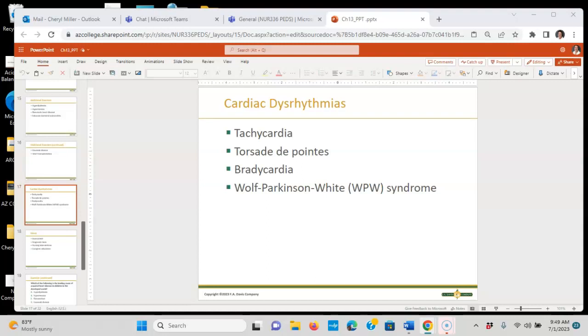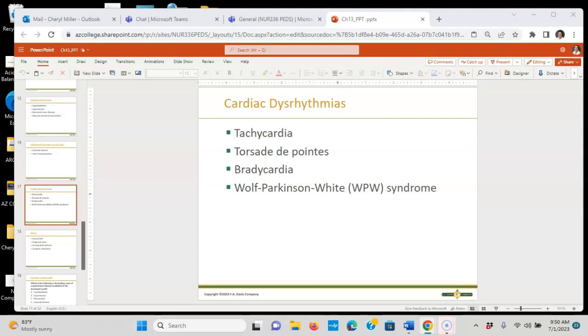Adenosine can be given. For older children, we can ask them to bear down like when having a bowel movement, and that would stimulate the vagus nerve to slow the heart rate. So depending on the question, depending on the age of the child, anytime it's over 220, ask them to bear down if they're old enough to understand that.